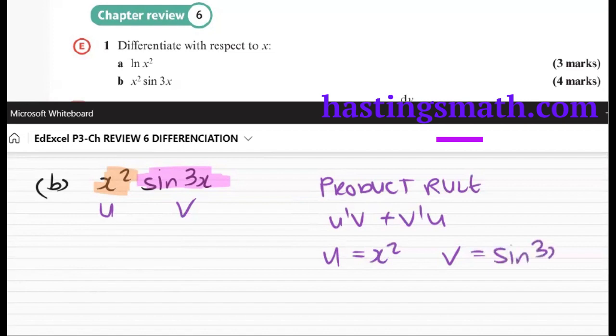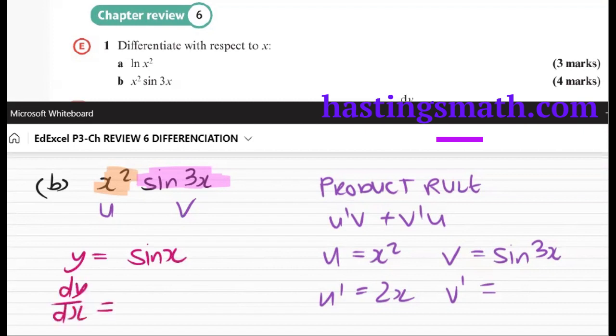Okay, so if we set up our u and our v, sine 3x, first derivative of x squared is just 2x. First derivative of sine x, so if that 3 wasn't there, first derivative of sine x is cos x. So if I were to draw that out, if we had sine x as our function, then dy dx is going to be cos x.